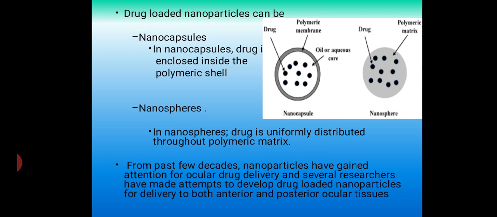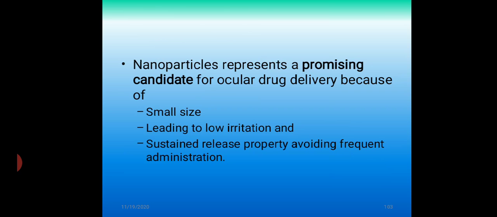For the past decades many researchers have been working on these nanospheres and nanoparticles, considering the various advantages of these nanoparticles for ocular drug delivery, especially to deliver the drug molecules into the anterior as well as the posterior ocular tissues.